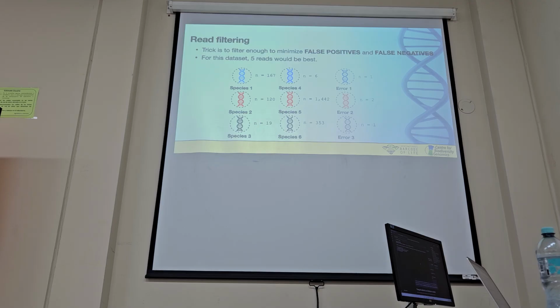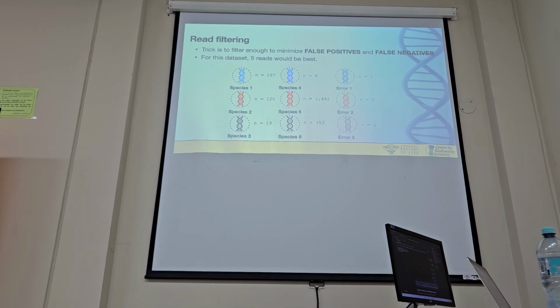Robin and his team have been doing that, and then the Biodiversity Factory at the Centre for Biodiversity Genomics has barcoded every single specimen. So we know what's in there, and we can start to say, okay, we see 20 reads, we see 10 reads, which ones are false positives, which ones are false negatives. In that data set, 20 reads is actually the right amount. That gets you the right data set.